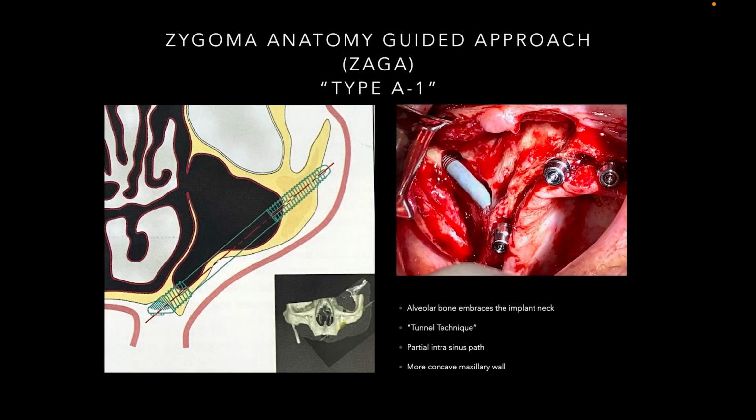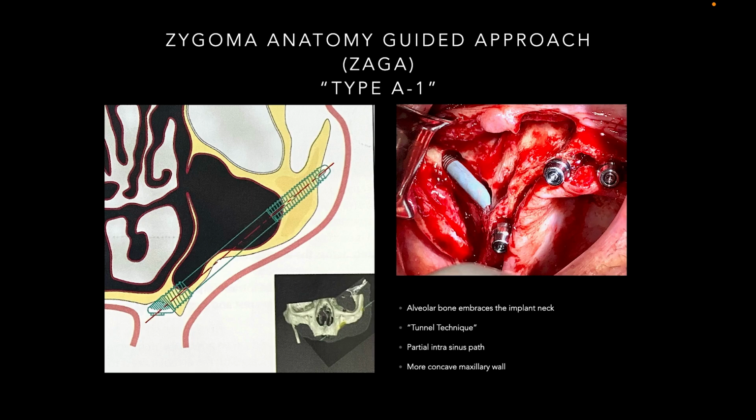The A1 technique is similar. You can see the sinus wall is becoming a little bit more convex, and there's still bone at the crest. So we're still going to have bone covering the neck of the implant. Still going to do the tunnel technique where most of that implant is going to be intrasinus, but some portion of the implant, in the midsection, is going to be extrasinus.